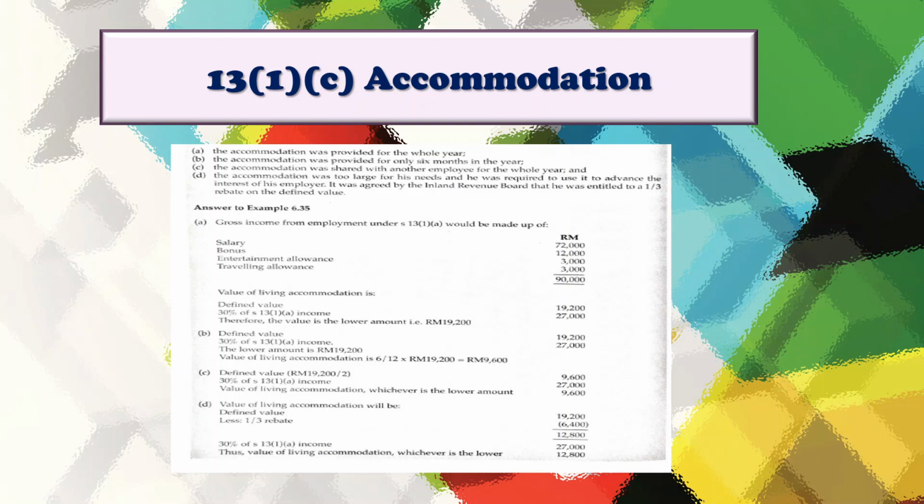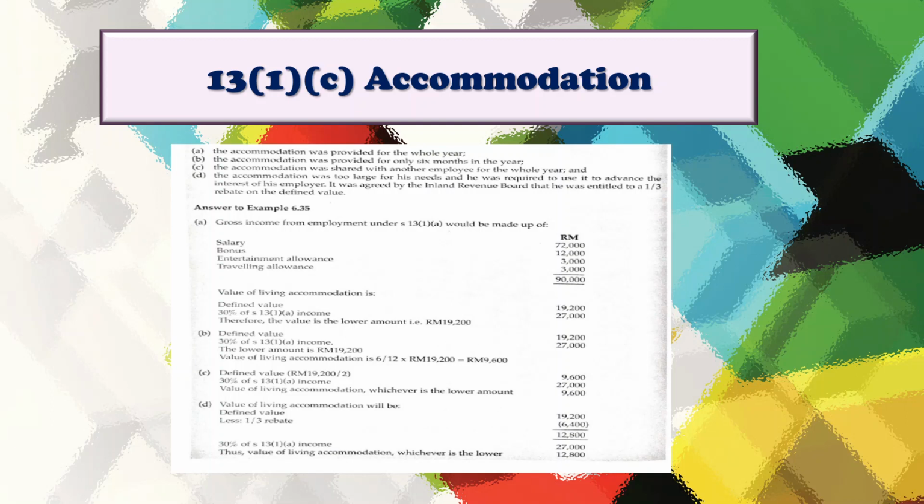Under A, this is the normal circumstance where you stay for 12 months, and you just take the value of living accommodation based on the defined value compared against 30% of 13(1)(a). Under the second example, you have a situation where you need to time apportion. They compute the lower amount, then multiply by 6/12.